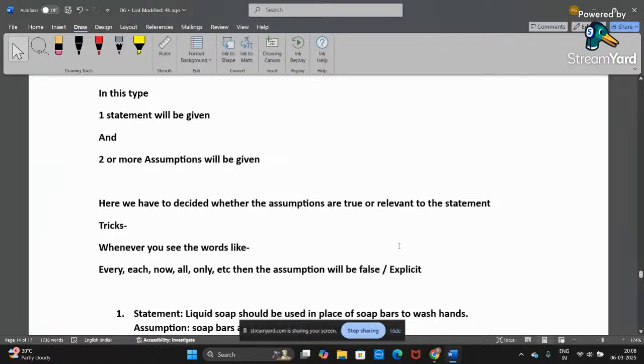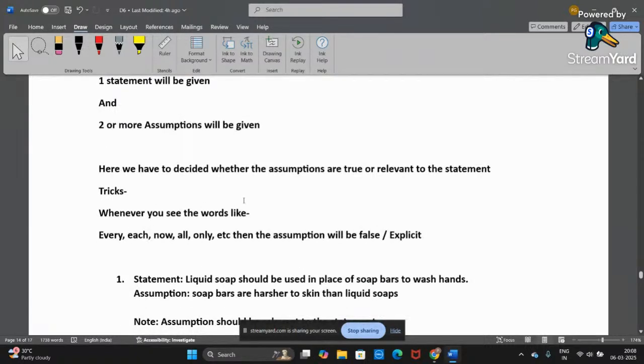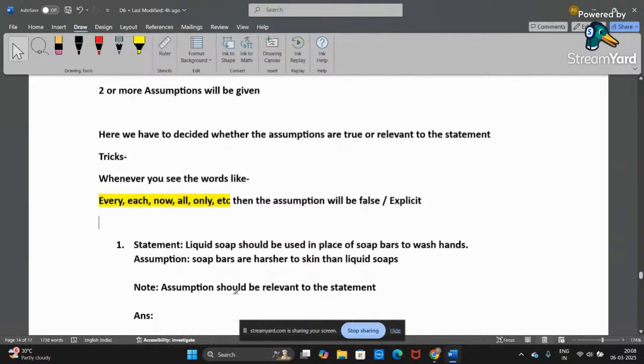Mainly the given statement and the assumption should be related. The trick we have to use here is whenever you see words like every, each, no, all, only, etc. in the assumption, then the assumption will be false or explicit. We have to consider that as false.